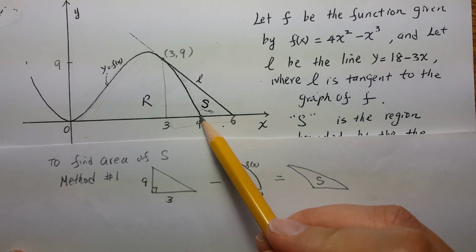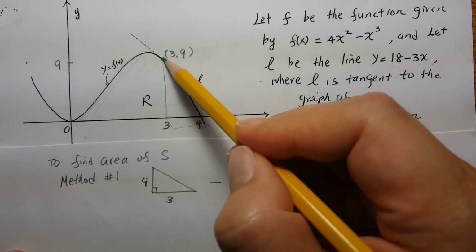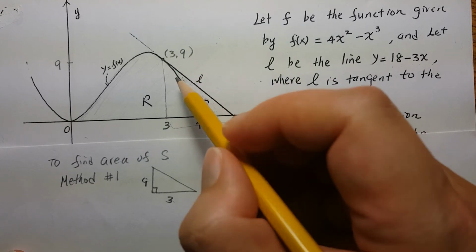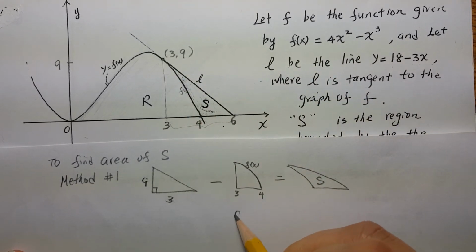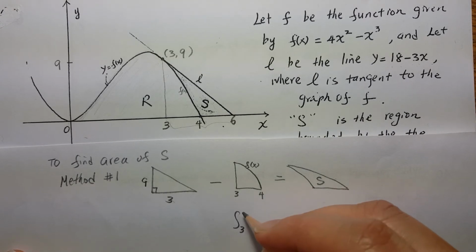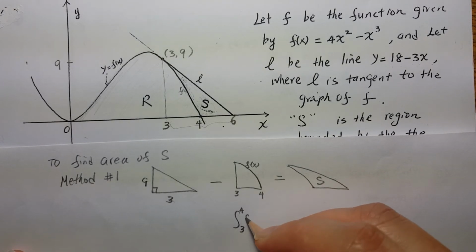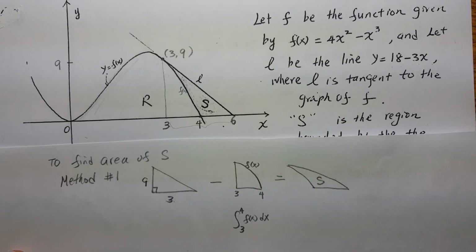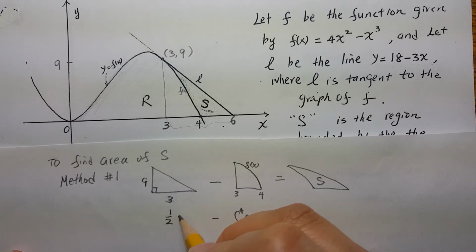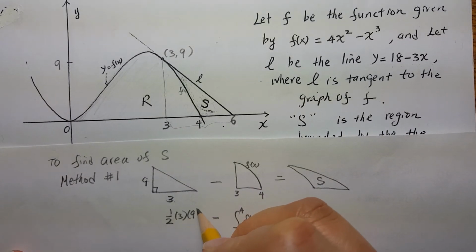And then for this part is 4, and this is the f of x. So therefore, I'm going to have my integral 3 to 4 f of x dx. And over here to find the area, I just do 1/2 times the base times the height.